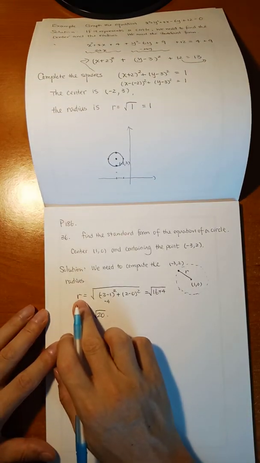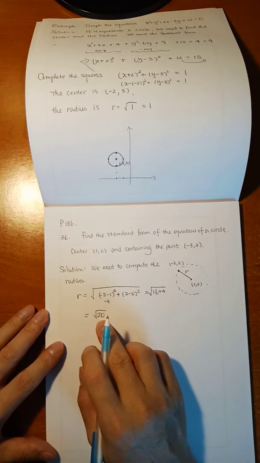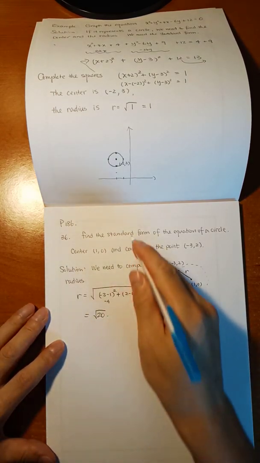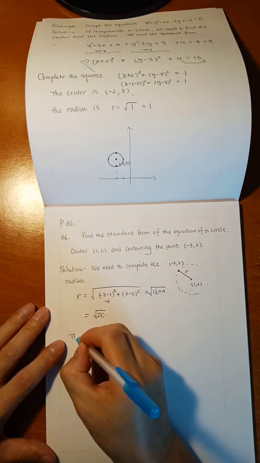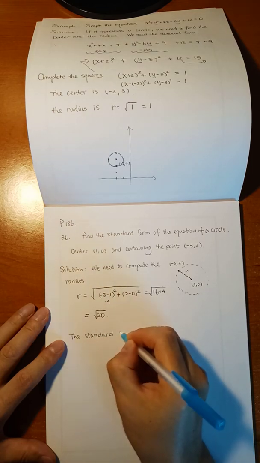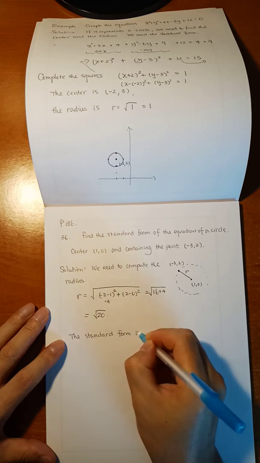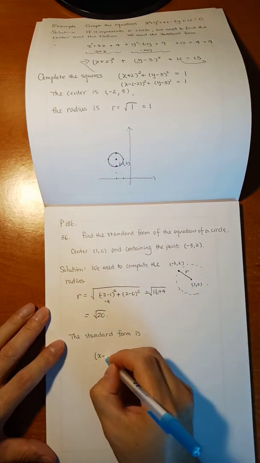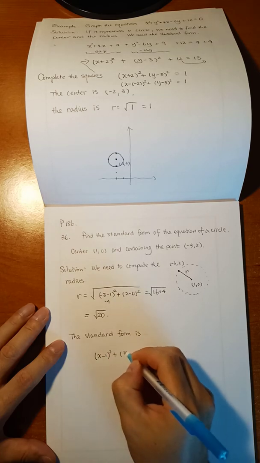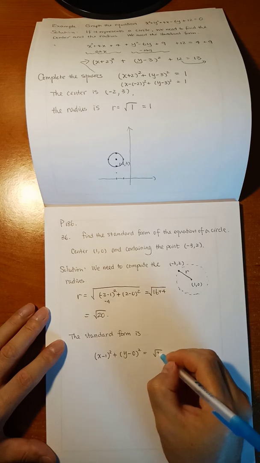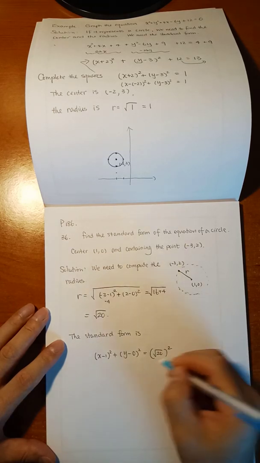So after you get r equal to the square root of 20, then by the standard form, it is (x minus center x coordinate) squared plus (y minus y coordinate) squared is equal to r squared.